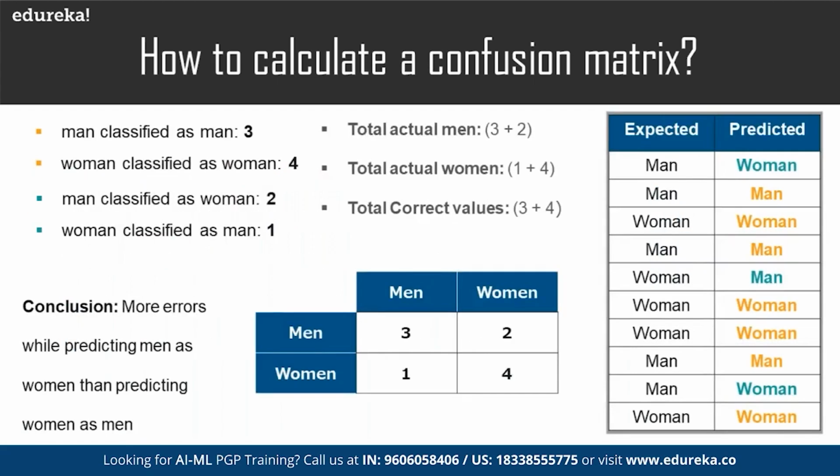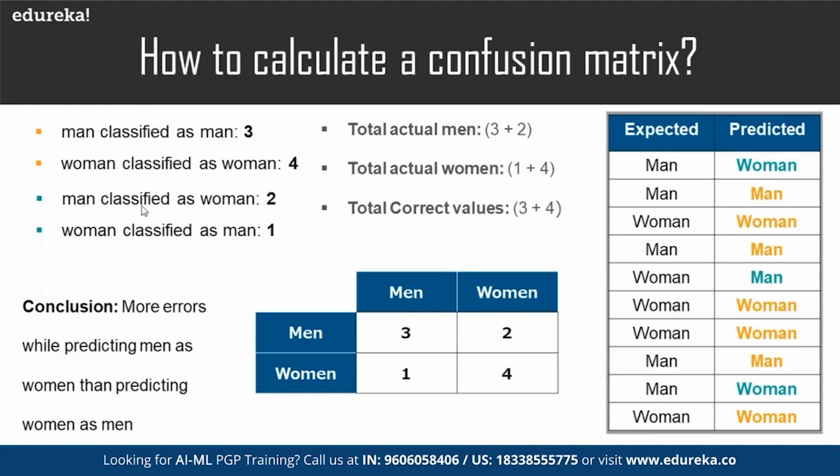So moving ahead, how we go about calculating it is again mathematical. We use true positive, false positive, true negative, and false negative, and this is how we get to have the errors here. As per this example, whenever a man is classified as a man 3 times, that is a value we are giving just for the sake of example.